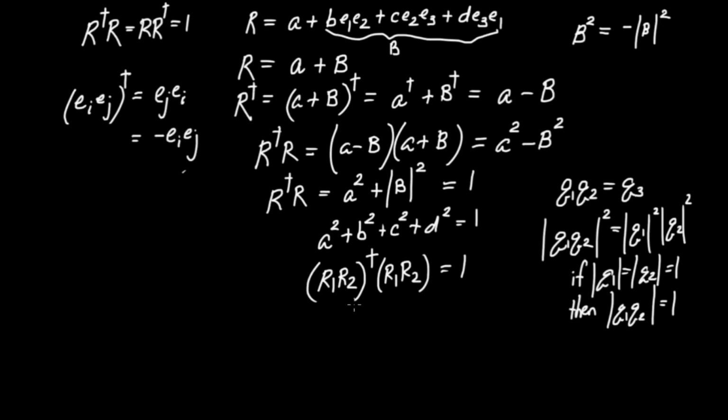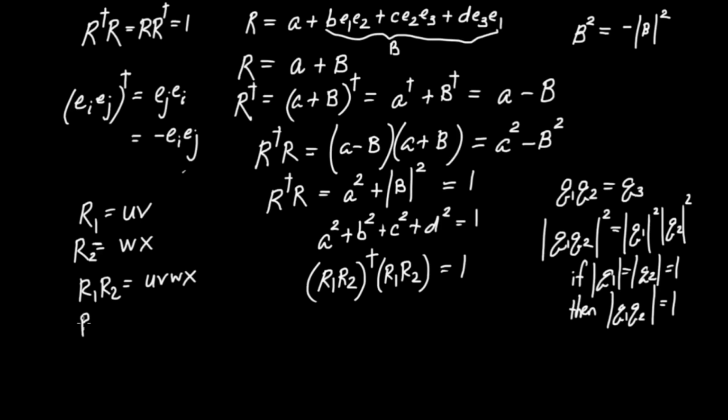This is also very easy to see. In the last video, actually let me review this. A rotor is a product of 2 unit vectors. Let me say r1 is equal to uv, r2 is equal to wx. That means that r1 r2 is equal to uvwx.